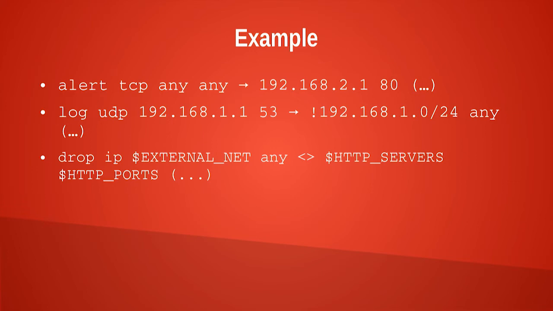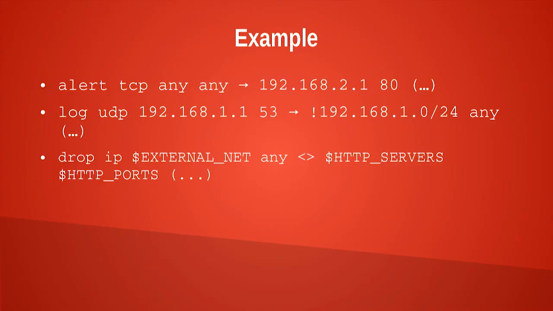What it tells you is that I can receive a TCP packet from any network and any port, but when it is directed towards 192.168.2.1 and port 80, which as we know is the HTTP port, then create an alert. That is the first line.